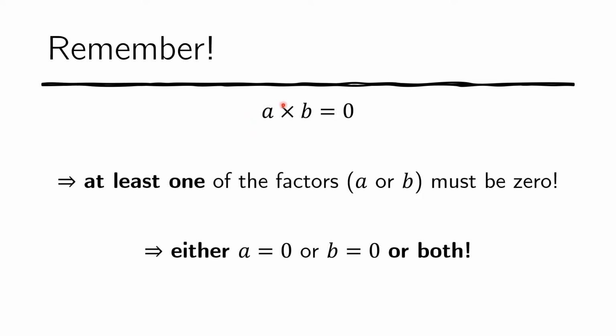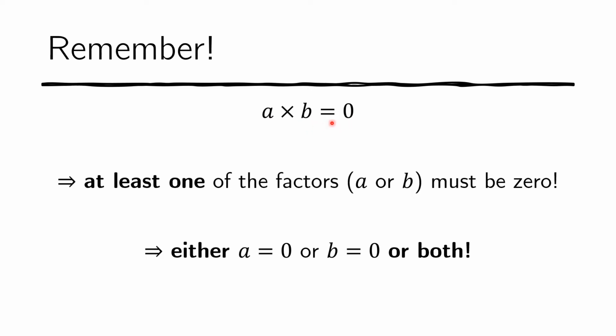The product of two numbers is 0 if and only if at least one of these numbers is 0. For example, if a is 0, then 0 times b is 0. If b is 0, then a times 0 is still 0. If both of them are 0, then 0 times 0 is 0.